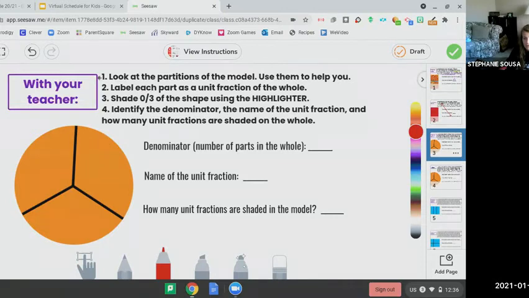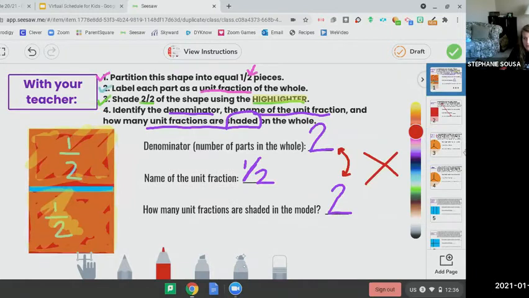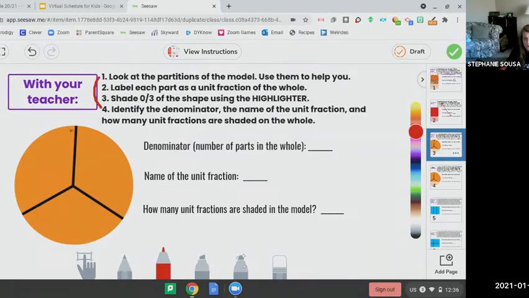Again, there are 4 steps to the directions, but these are different directions. In the first example, it asked us to create the partition. In this example, the partitions are already done. It says look at the partitions and use them to help you. Label each part as a unit fraction of the whole.